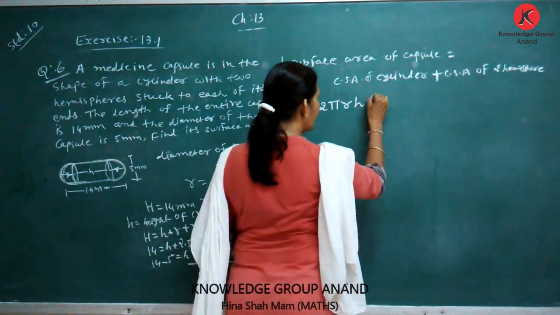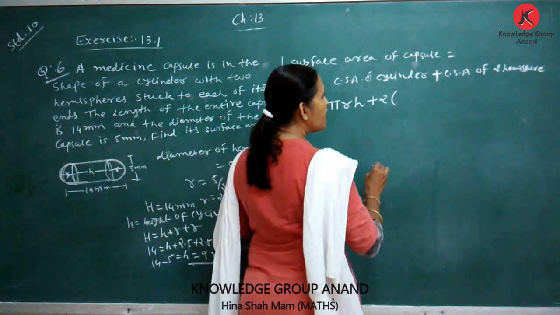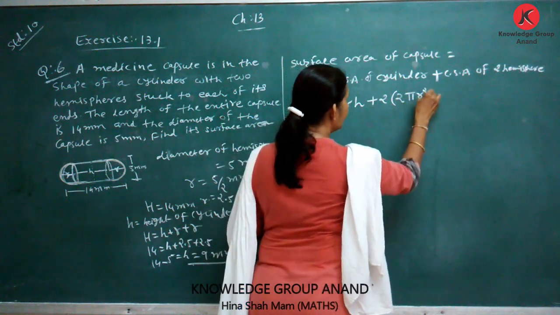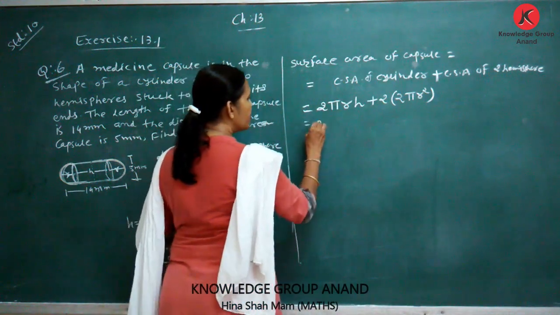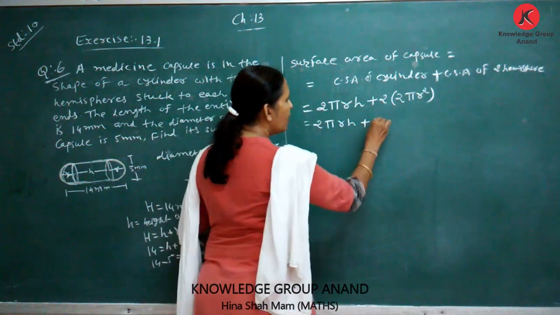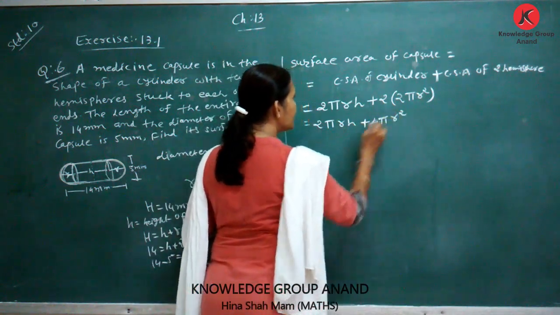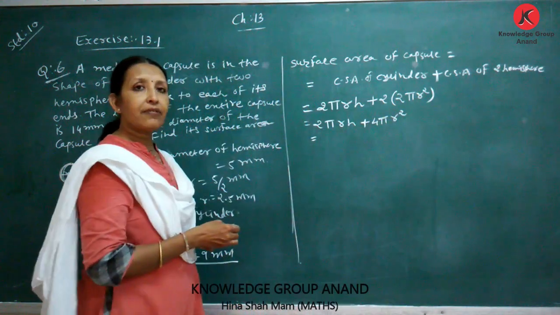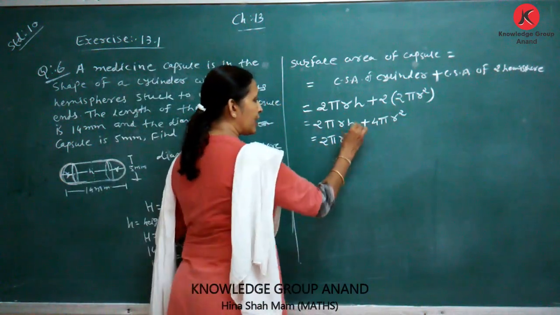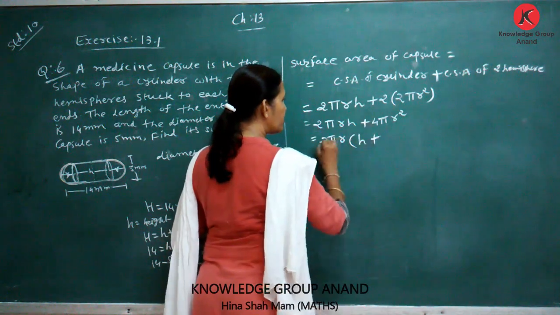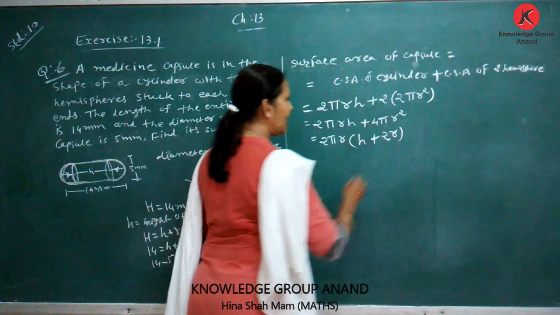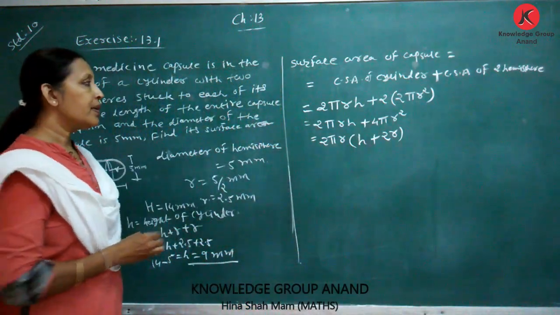Two hemispheres means 2 into the curved surface area of a hemisphere, 2 pi r square. So it is 2 pi r h plus 2 into 2 pi r square, that is 4 pi r square. The common part is 2 pi r into bracket h plus 2 r.